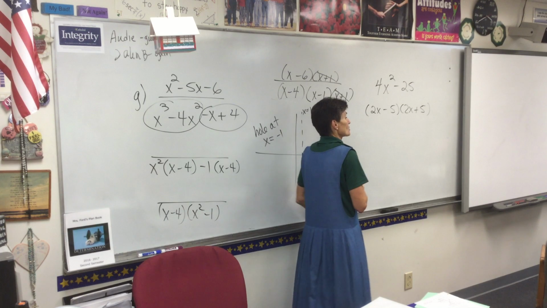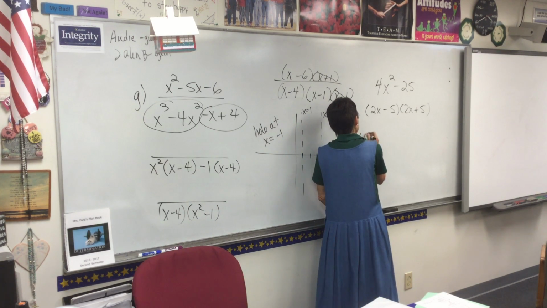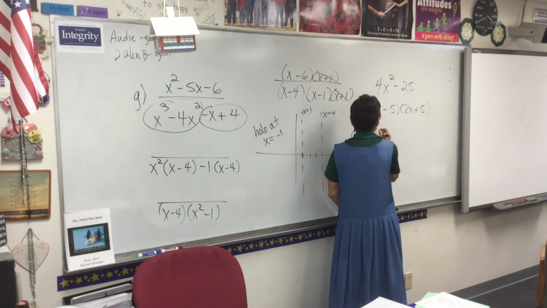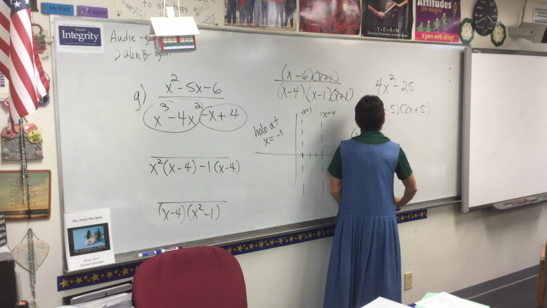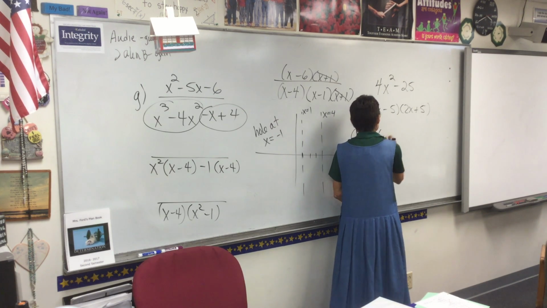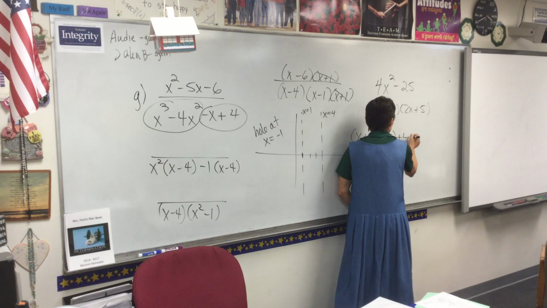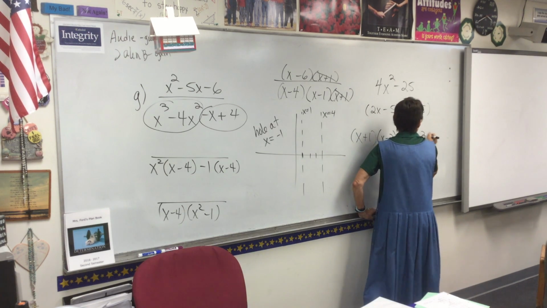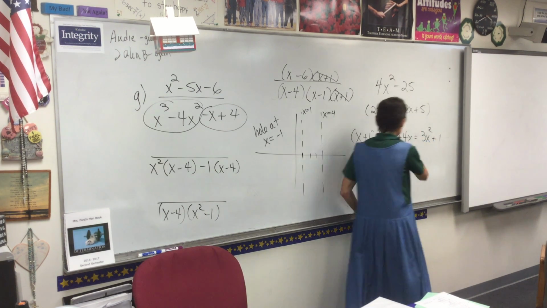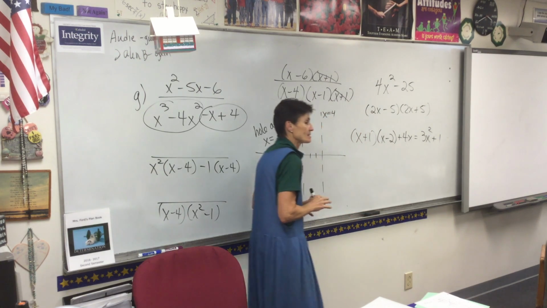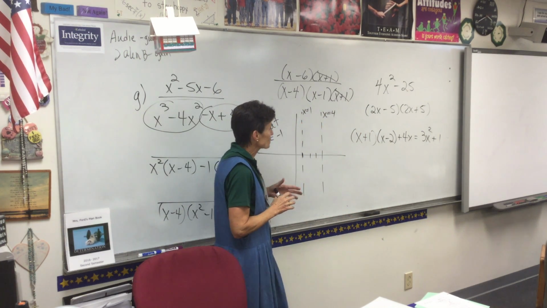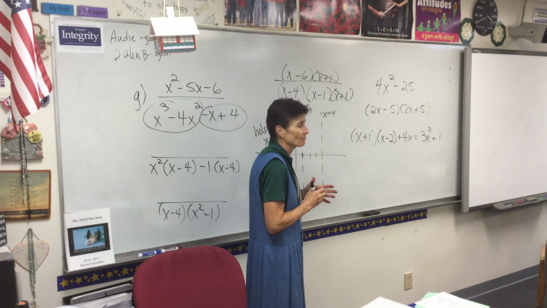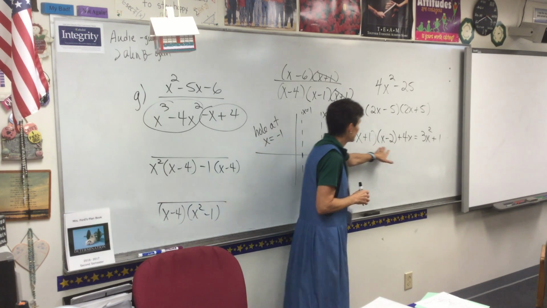Okay, then we're going to have a solve problem. It's going to look a little harder than the plain simple solve like on your test. It's going to look kind of messy like this. So what do we have to do to solve that? You have to foil. This needs to be foiled out.